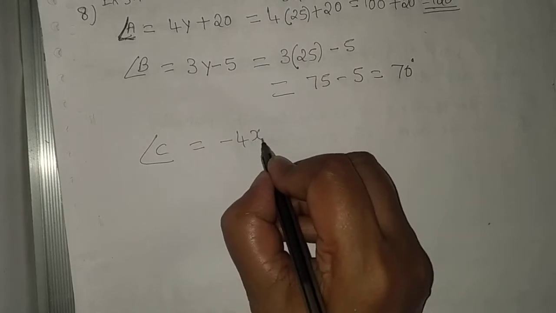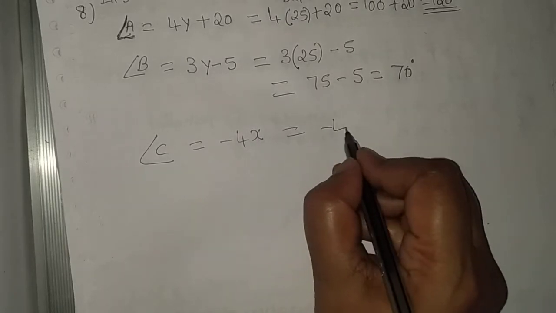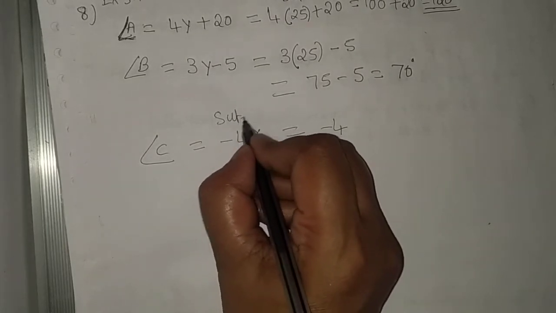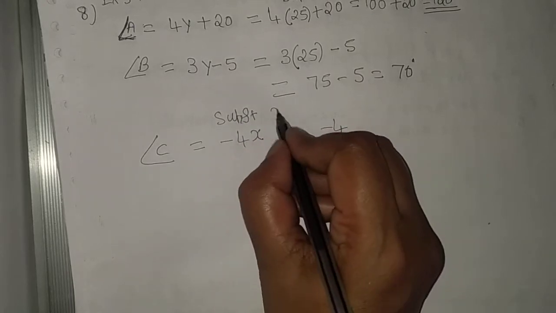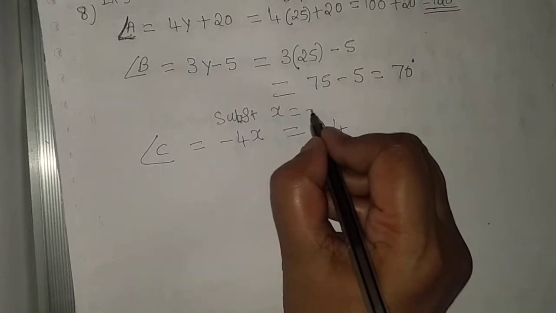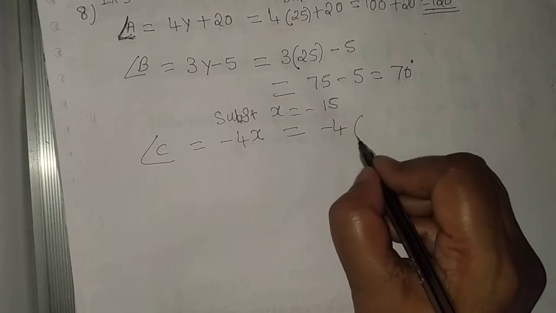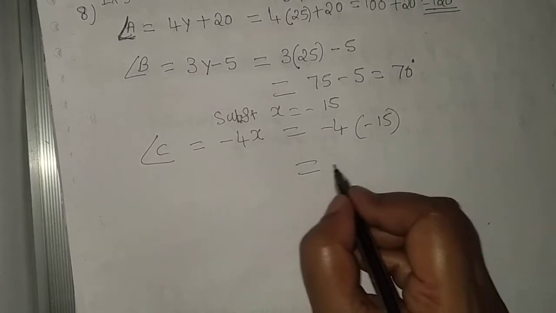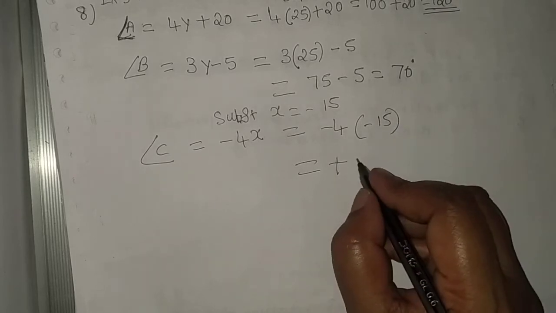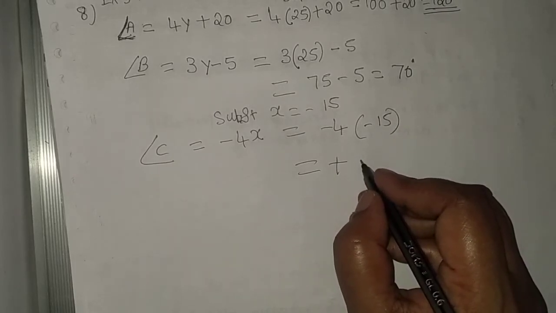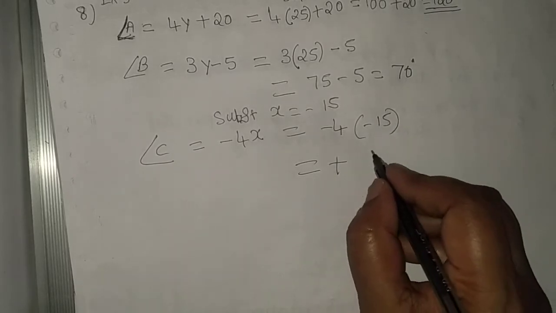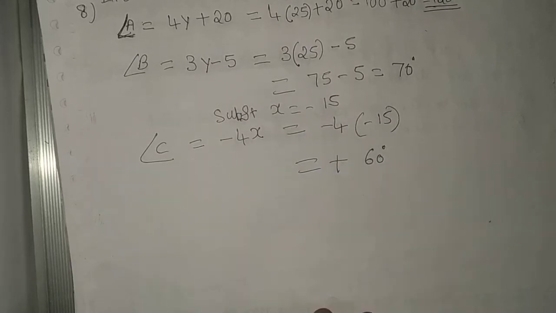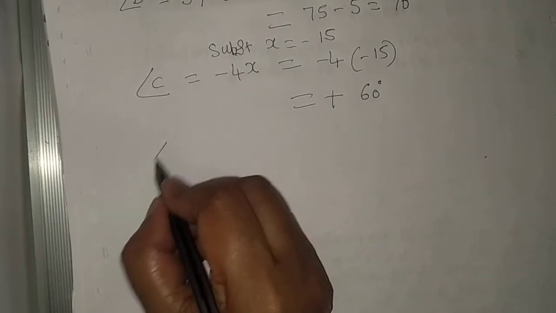That is minus 4x is given. So substitute x is equal to minus 15. Minus minus becomes plus, 15 into 4 will become 60 degrees. So this one we got.